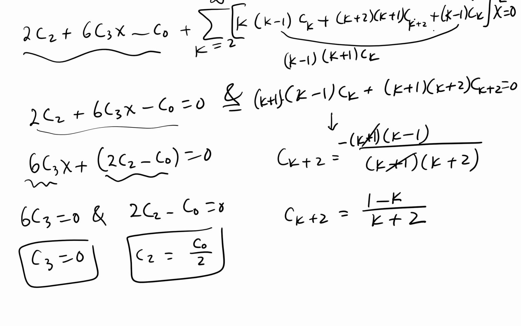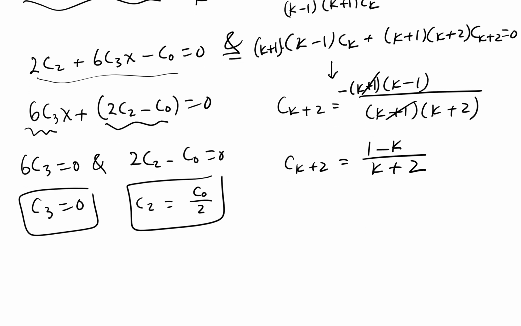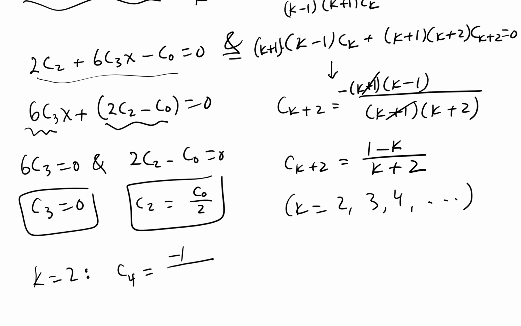As soon as you get to this point, then you're almost done, because it's just a substitution for values of k. So k here goes 2, 3, 4, etc. So now if you take k equals 2 here, what do we get? We get c sub 4 equals negative 1 over 4.